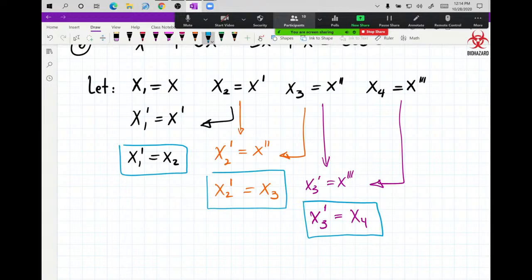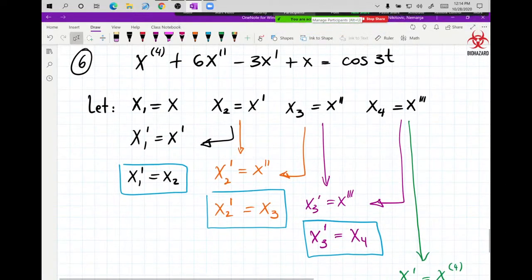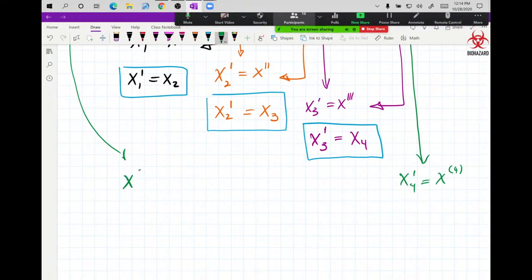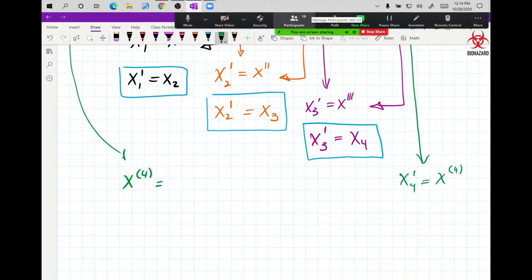Very systematic. The last one, let's go green, is when we differentiate this one for x4 prime, and that gives us the x fourth derivative. Now we can go back to the original problem and solve for that fourth derivative as negative 6x double prime minus 3x prime minus x plus cosine 3t.